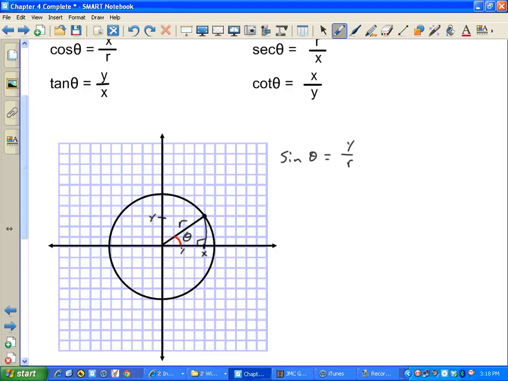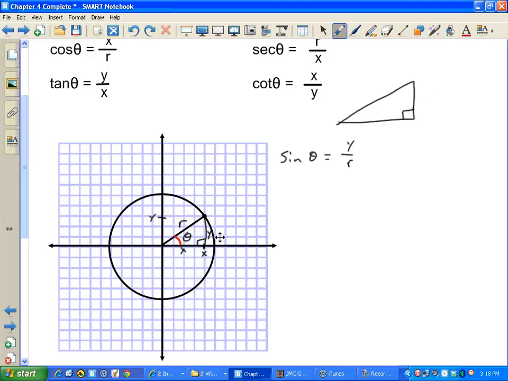This side is x, this side is y. So this is the triangle that I've got inside there.